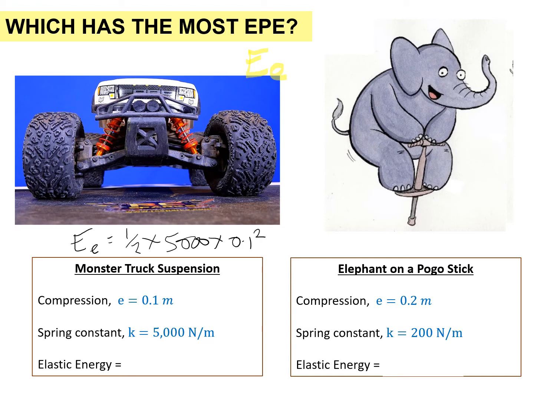And that's equal to 25 joules. If we did the same thing for the elephant on a pogo stick, which I know is a very silly example, we've got 1/2 times 200 times 0.2 squared, and that equals 4 joules. So the monster truck has got much more elastic energy stored in the springs.